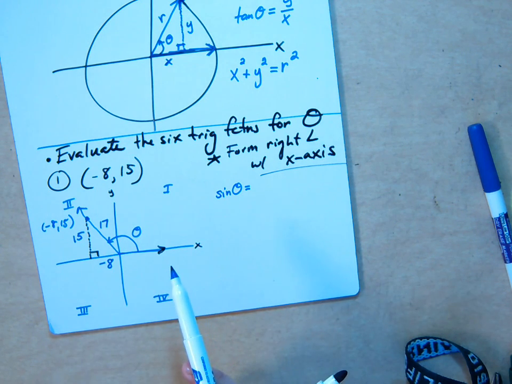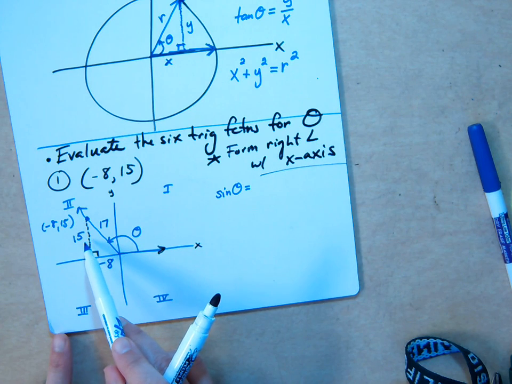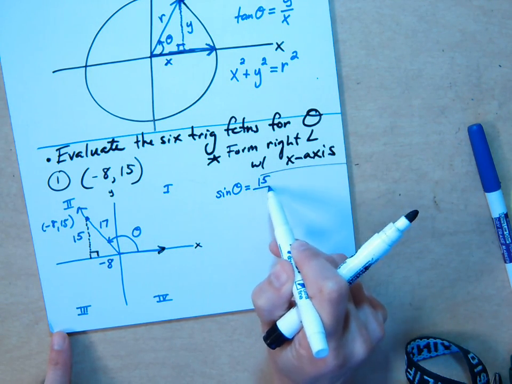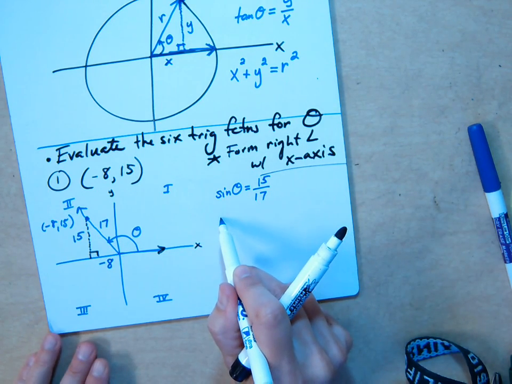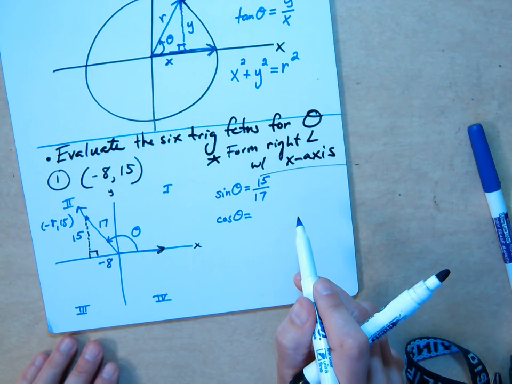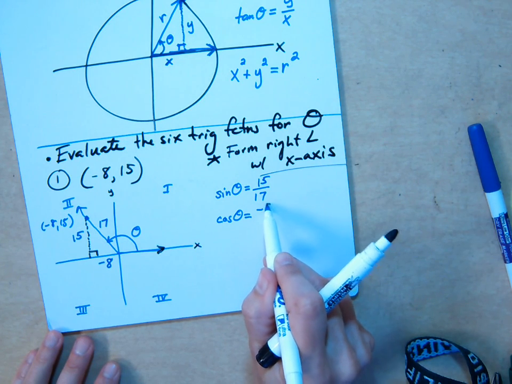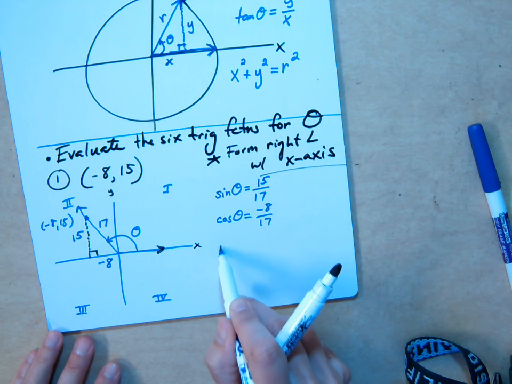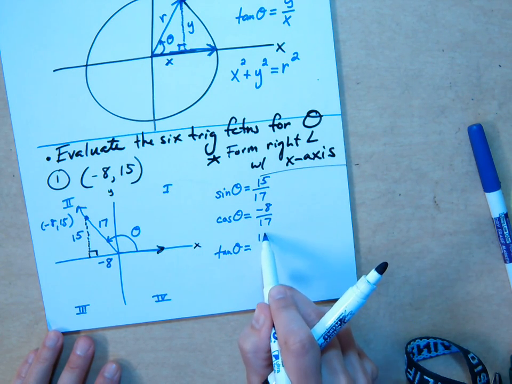So the opposite side is 15 over hypotenuse 17. That's done. That's the sine of the angle. The cosine of the angle is, what's adjacent? Negative. Cosine is negative in that quadrant. -8 over 17. Tangent is opposite over adjacent.